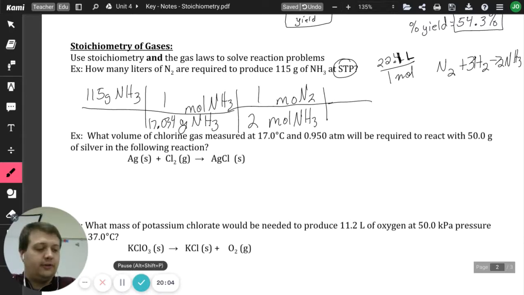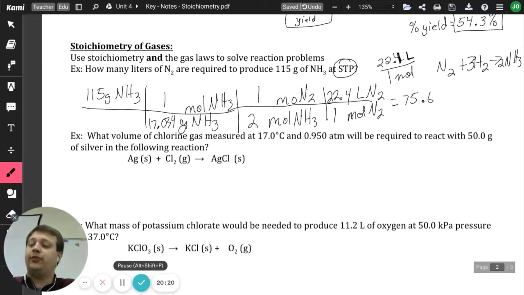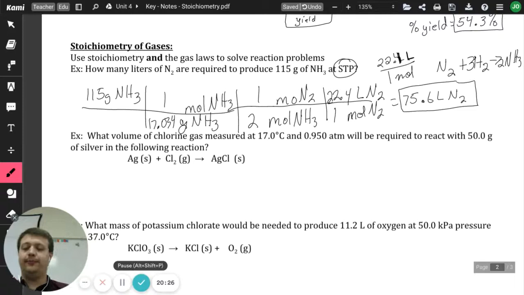Then I could convert from moles of that into liters of N2, and there's 1 mole for every 22.4 liters. So we would end up with 75.6 liters of N2, and that would be my answer.